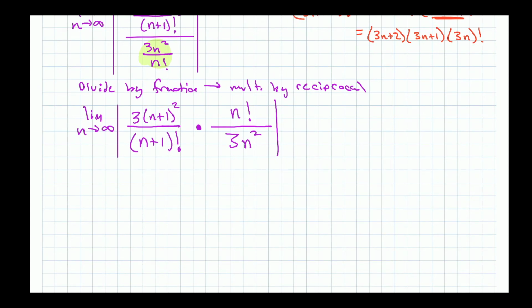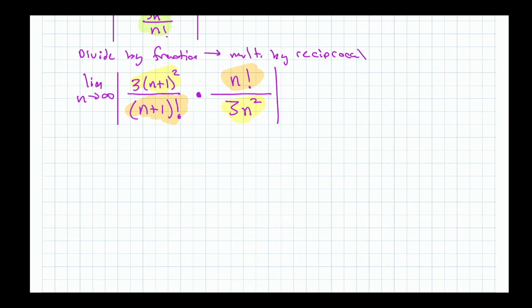Now, what you're supposed to notice at this point is that certain terms look alike. This one looks like this one, and this one looks like this one. You have two factorials and two non-factorials. So I'm just going to rearrange this, putting stuff that looks alike together: n factorial on top, (n plus 1) factorial, the two factorials together.